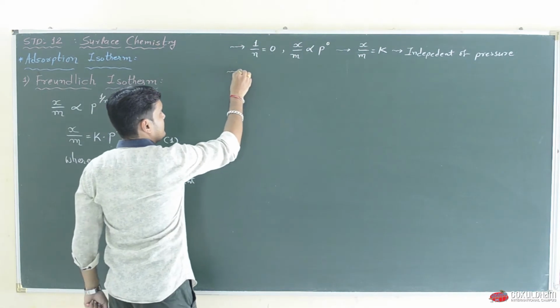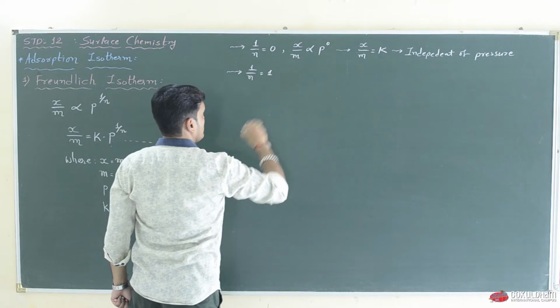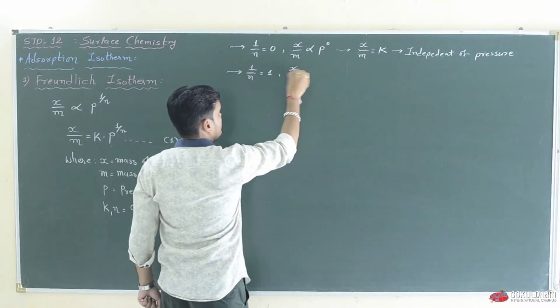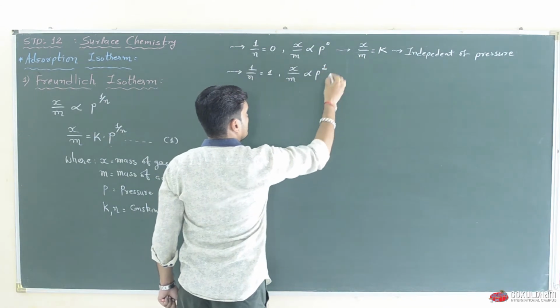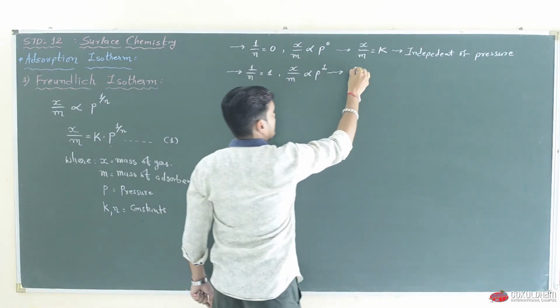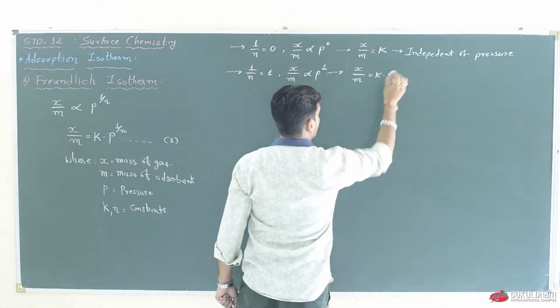In the second possibility, if 1 by n is equal to 1, then x by m varies as p raised to 1, so our equation becomes x by m is equal to k into p.